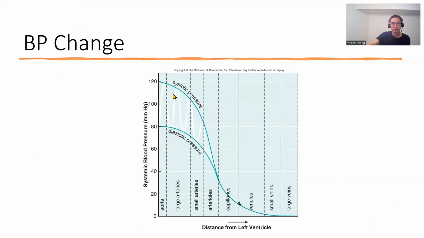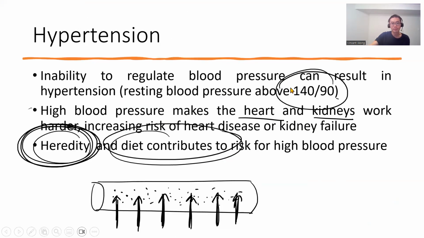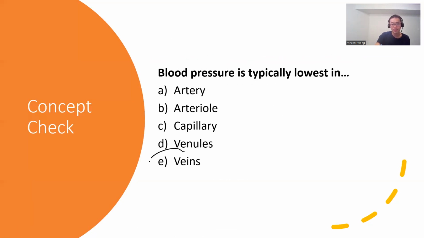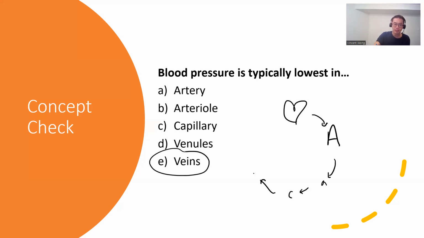Look at the blood pressure graph. As you move away from the heart, the blood pressure gets lower and lower, right? So it's the lowest at the veins. I know what some people are thinking: heart, artery, arterioles, capillaries, venules, and then veins.